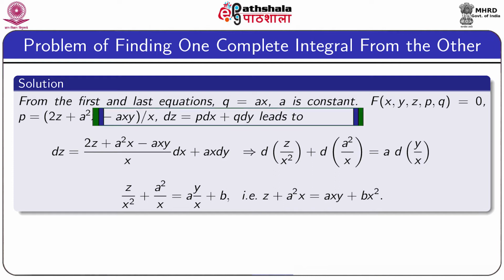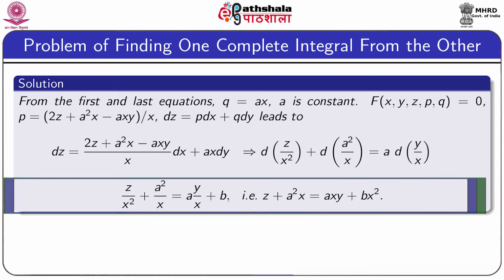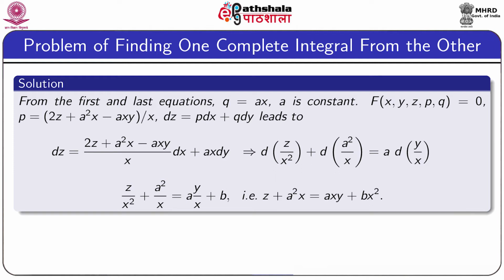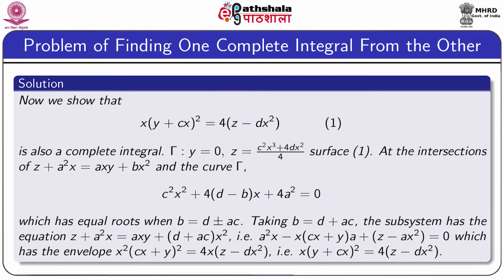Now using the relation dz equals p dx plus q dy, we obtain a Pfaffian differential equation which is written here, and this can be solved. The integral of this equation is written in the last line: z plus a square x equals axy plus bx square. So this is the complete integral of the given equation which we needed to prove. So that is proved here.